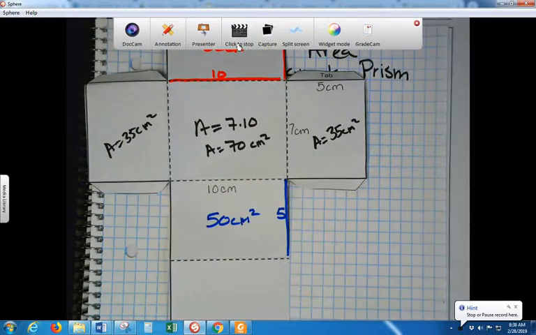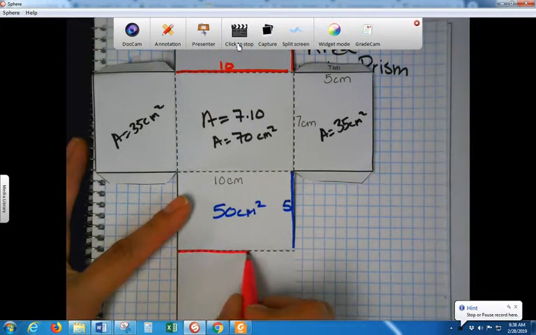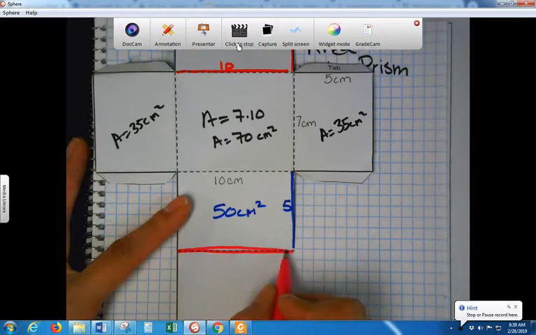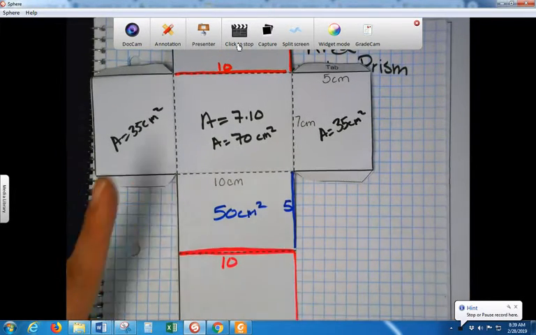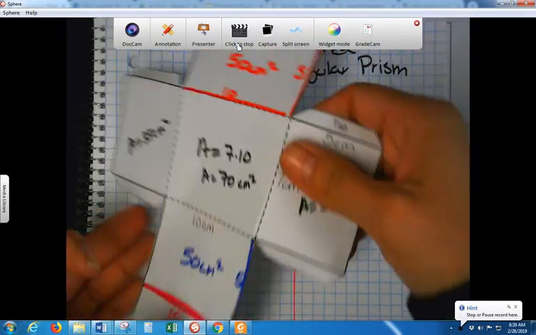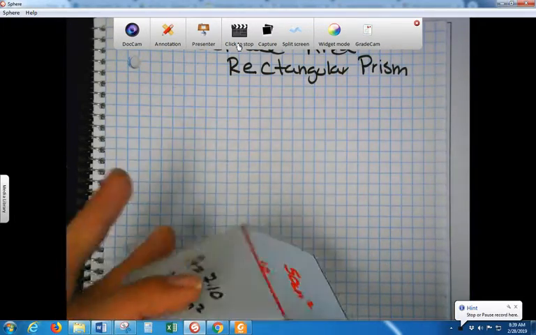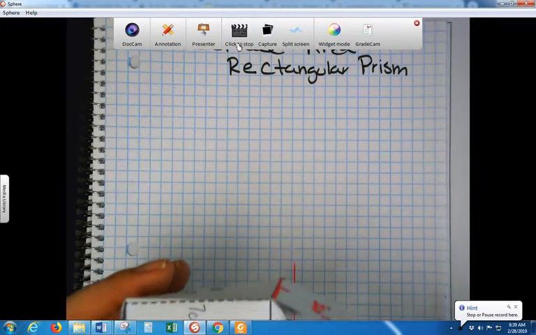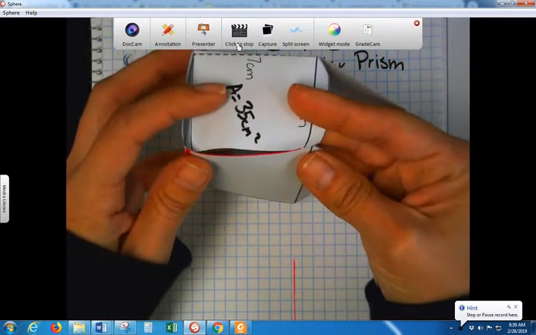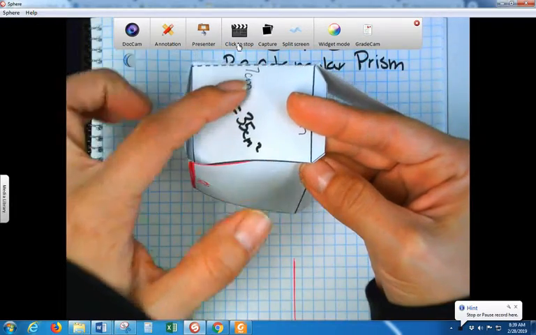The last one. What is this? This one? 10. What's this one? 7. How do we know that? Because it's longer. If I have to fold it a lot, right? That way. And this pink side right here matches with this side right here.